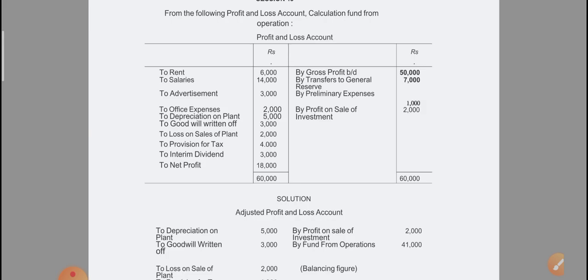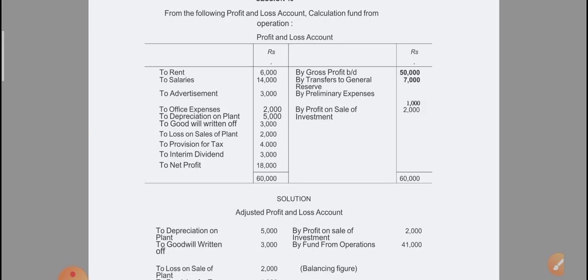The adjusted profit and loss account is prepared with the help of given transactions and the profit and loss account to ascertain the fund from operations or fund lost from operations.